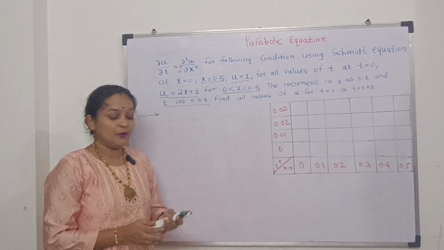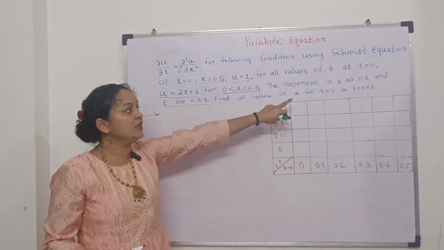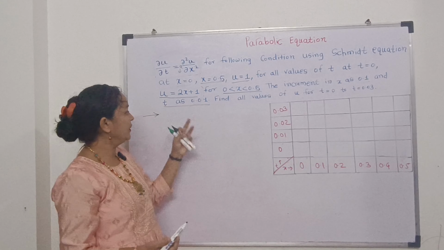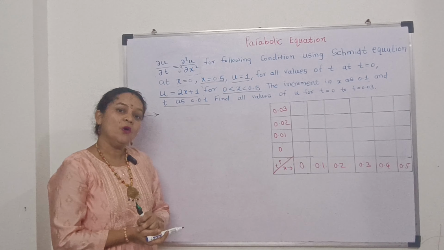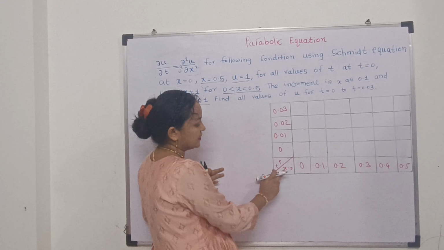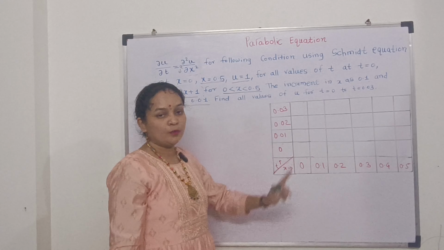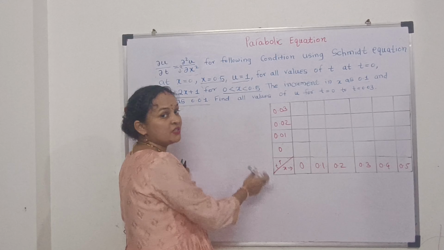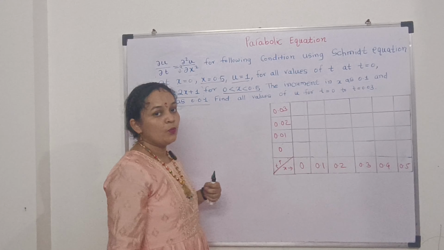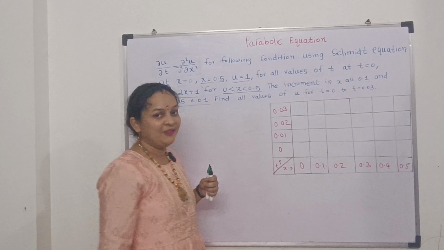So you are supposed to find all the values of u for t lying between 0 and 0.03 with an increment of 0.01. One table has x starting from 0 up to 0.5 with an increment of 0.1, and t, with k as the increment, given as 0.01, so it runs 0, 0.1, 0.2 and 0.3.